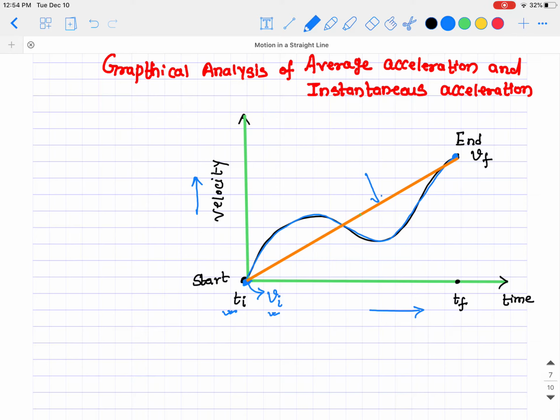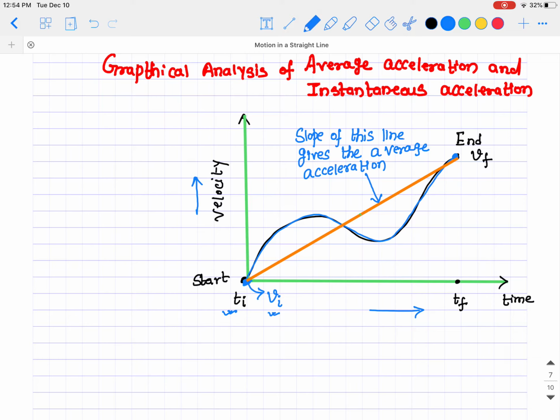The slope of this line gives the average acceleration. If you just measure the slope of this line, that gives you the average acceleration.